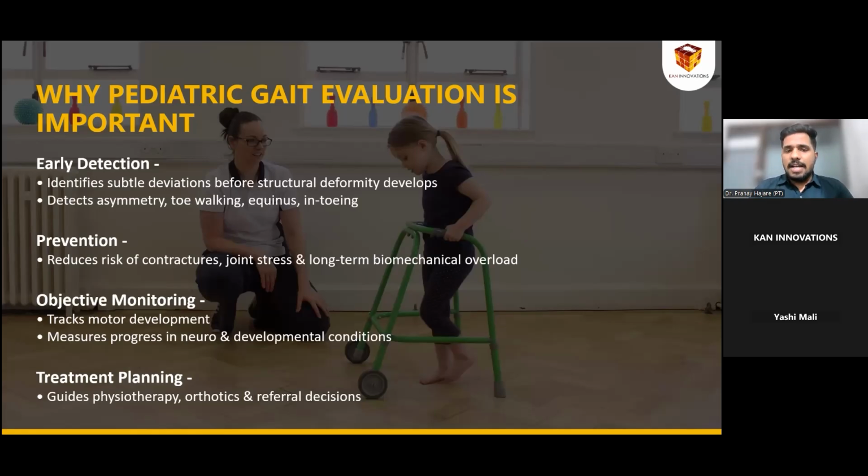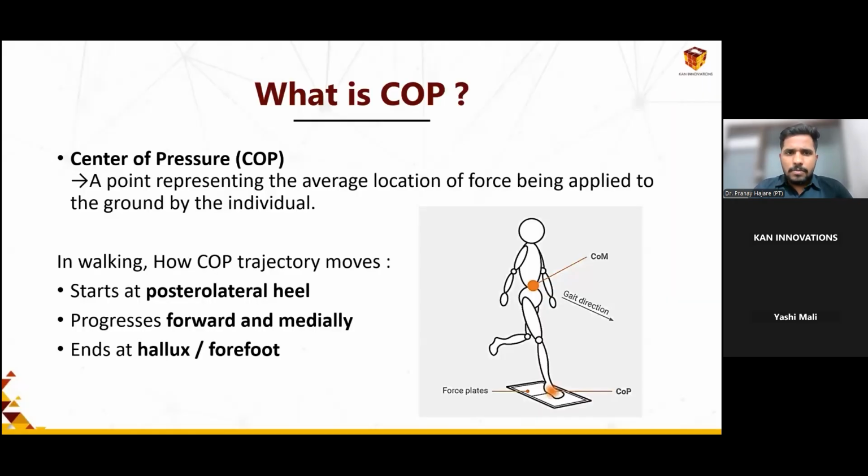So let's understand more about pediatric gait evaluation with the help of COP. Before going further, first we need to understand what COP is. COP is the center of pressure, the point of the average location of the force applied to the ground by an individual. Normally when you walk, at heel strike the COP starts from the posterolateral side of the heel.